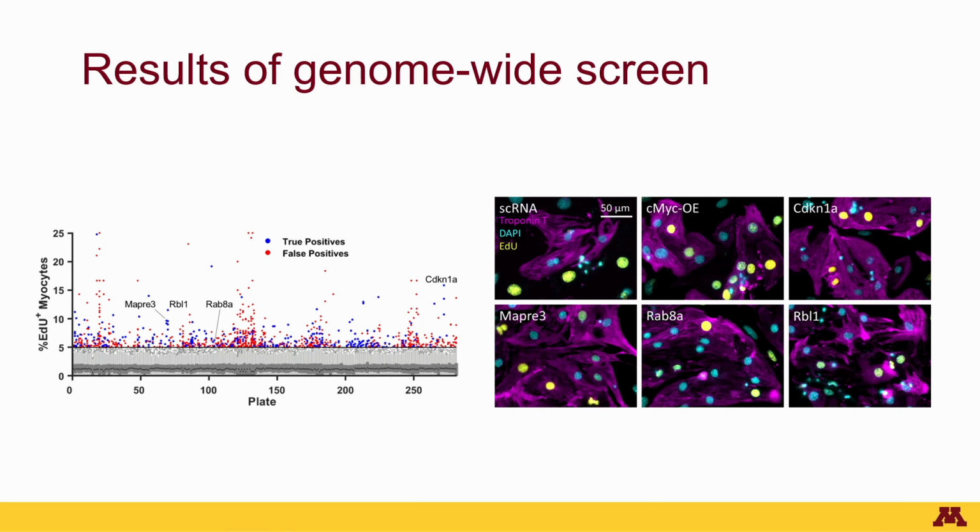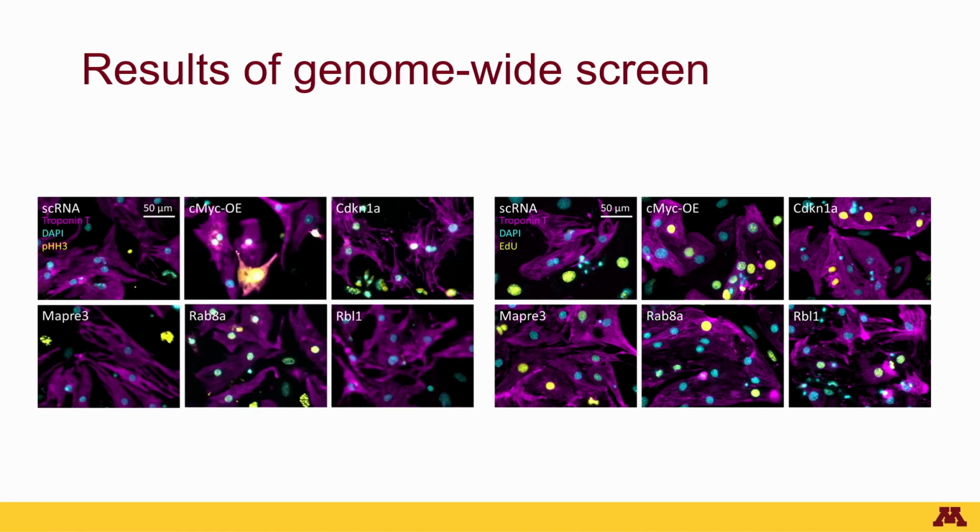And they all stimulated EDU incorporation, but not all of these actually also progressed to G2M as marked by phosphorylation of histone H3. We then tried to verify in vivo whether inhibition of some of these genes, the most prominent ones, would actually give rise to new cardiomyocyte formation.